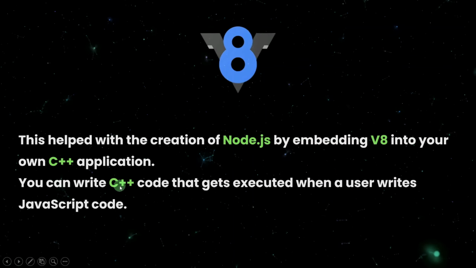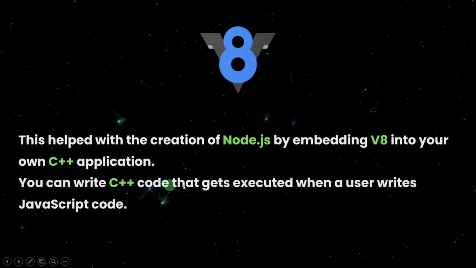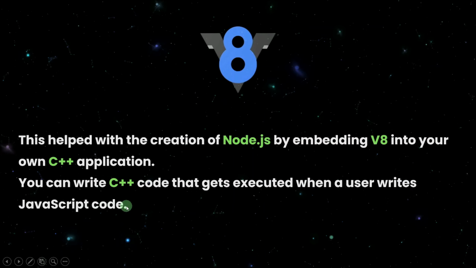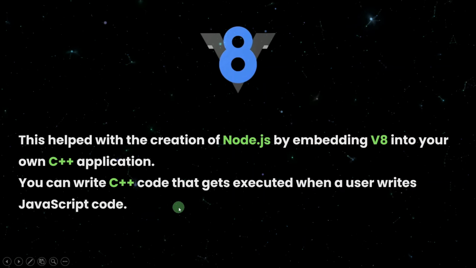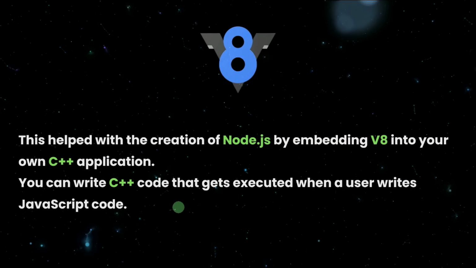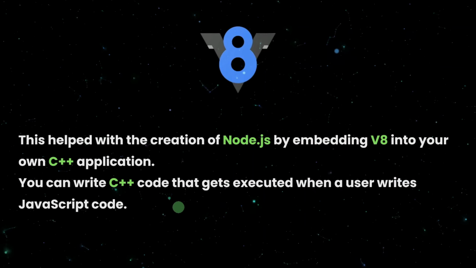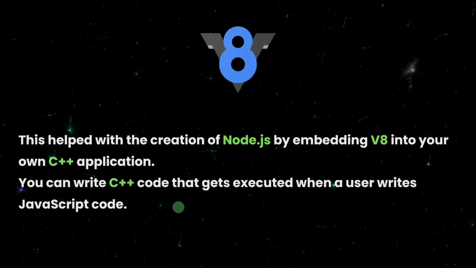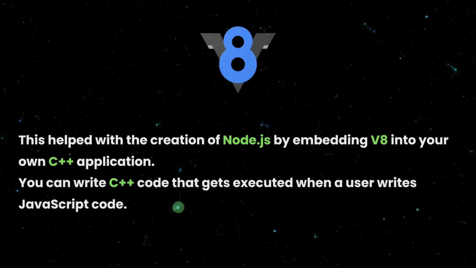Using that, we can write C++ code that gets executed when a user writes JavaScript code. So now you know the V8 engine is written in C++, not in JavaScript, but using the V8 engine we are able to execute our JavaScript code.